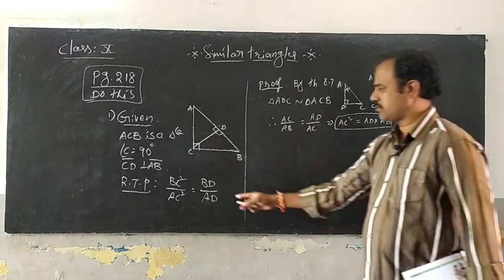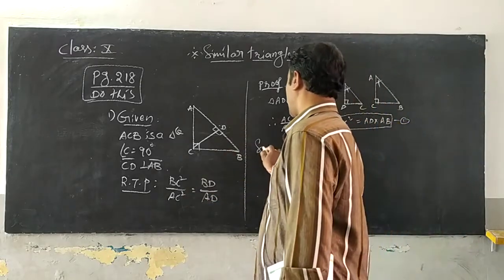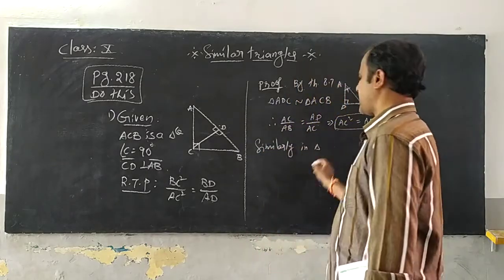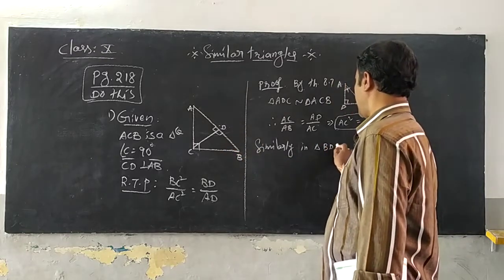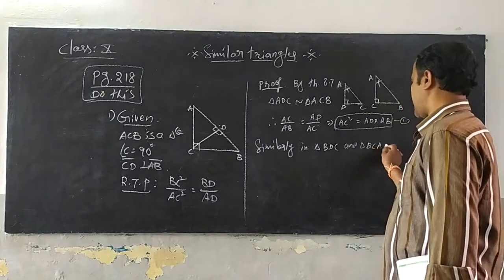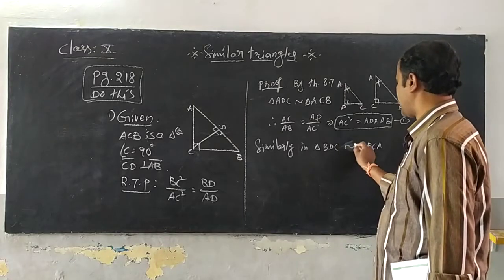Now we come to the next one. We want BC square. So take the second triangle. Similarly, in triangle BDC and triangle BCA, both are similar.